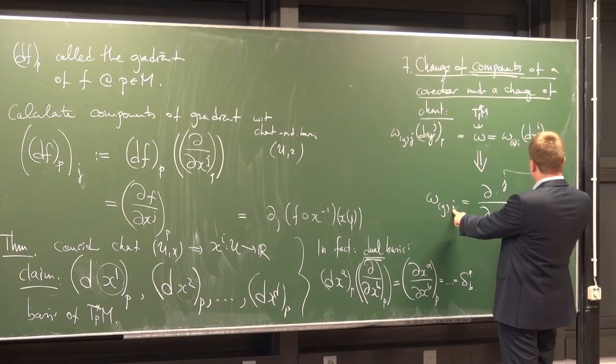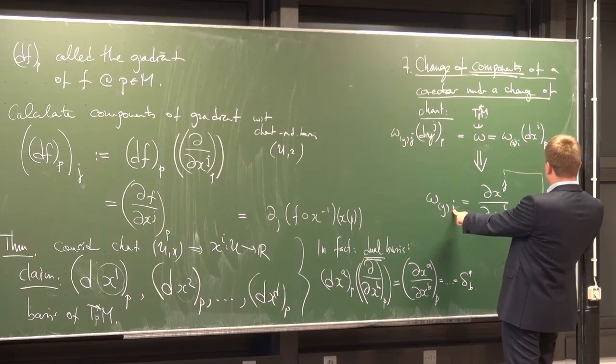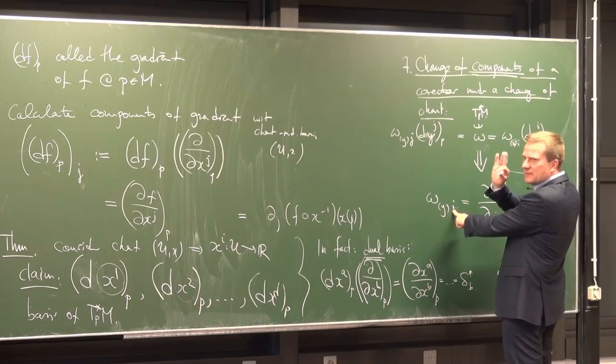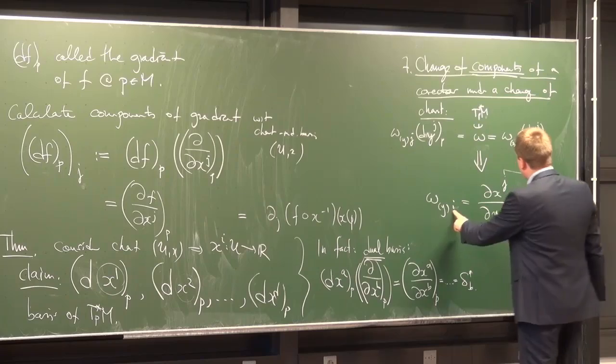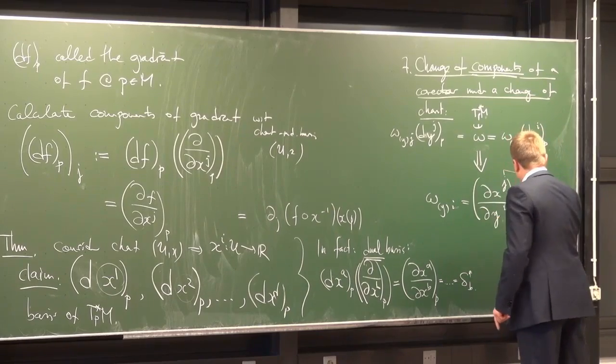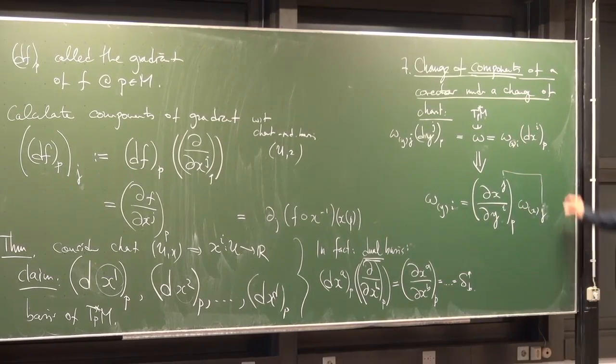And then the j is an x^j, has an x with a j with respect to an x. I mean, this is a mnemonic rule, right? And here you have a y. So you need to find some way to remember where which object goes.